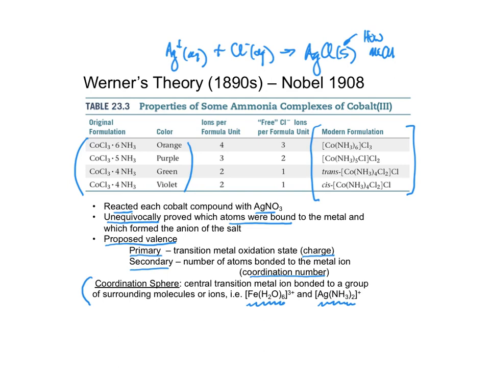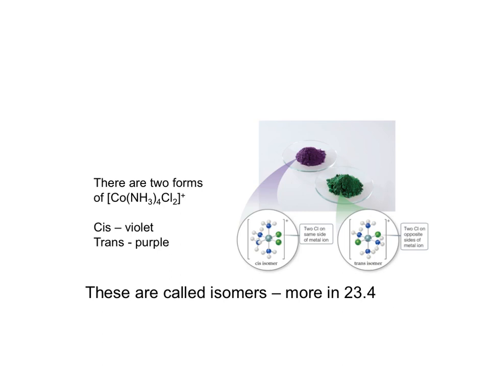And you've seen the second one before. That's the complex involved in the KSP-KF calculation, which people could then use. So once Werner did this, he saw that there were actually two forms of the cobalt amine chloride. There is a special way to name them, but I am just going to write them here so you can see a little better what we mean.